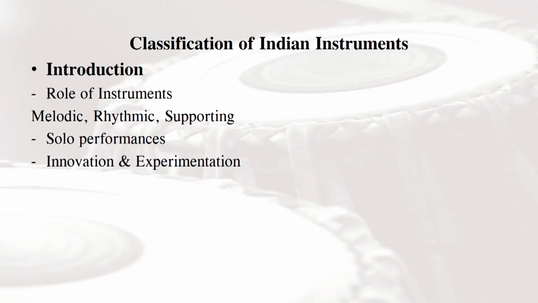Their spiritual and cultural significance combined with their adaptability in modern contexts ensure that they remain timeless and continue to influence global music. After discussing the role of instruments, we will move on to classification of Indian instruments.